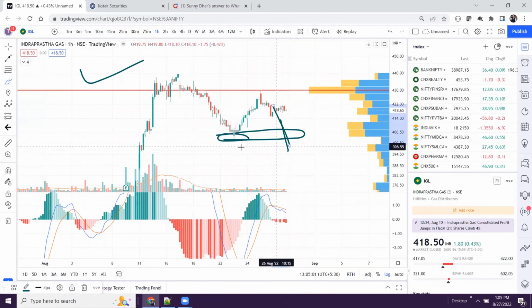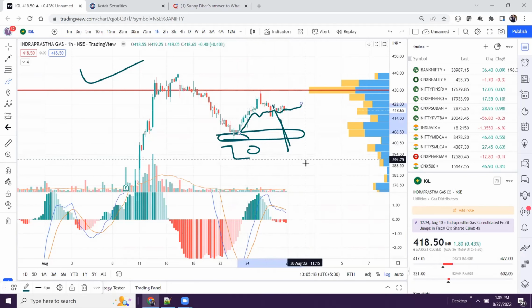Suppose the put is available here at 20 rupees, and you sell this, it will decay day by day. The price will decay and it will be less than 20 in some days.